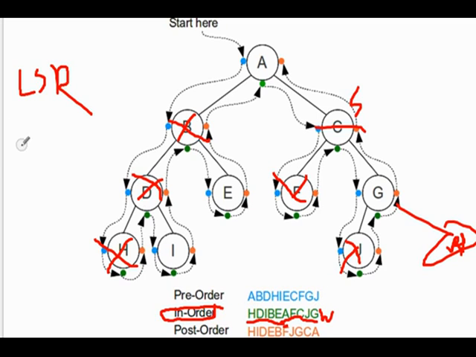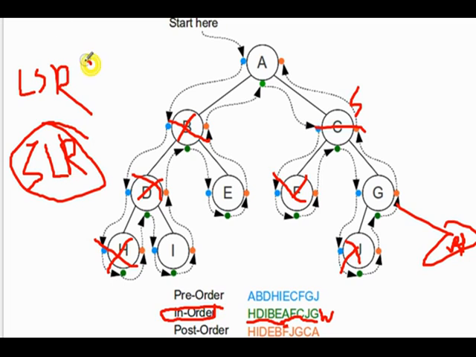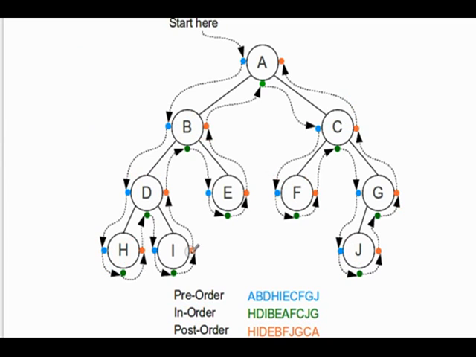And pre-order, self, left, right. That's pre-order. Self first. And for in order, you have left first, then self, then right. Now post order, left, right, self. So the theory of left is the same, so you have H. But when in order, you visited self, so let me write L, S, R, left, self, right.